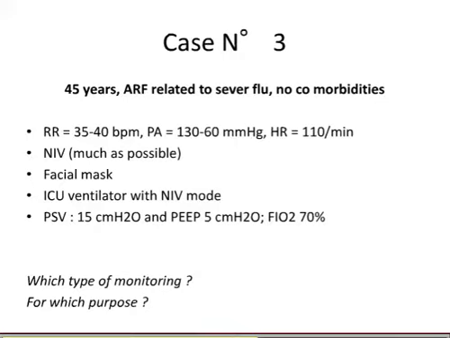It's the other room of the same unit. A 45-year-old patient with acute respiratory failure, maybe related to a very severe pandemic flu, with no other comorbidities. The respiratory rate is very high because of very high respiratory drive. The hemodynamic status is correct.